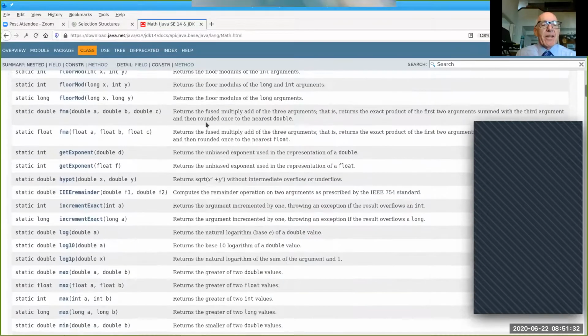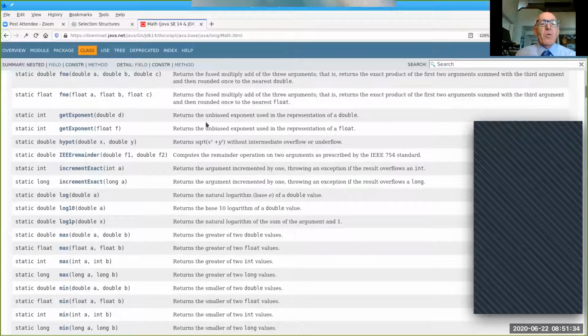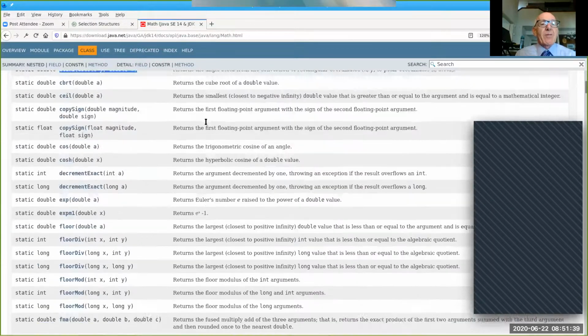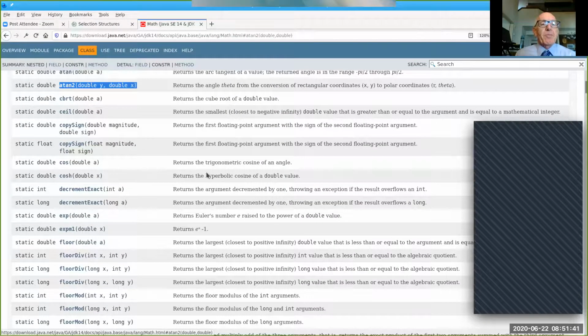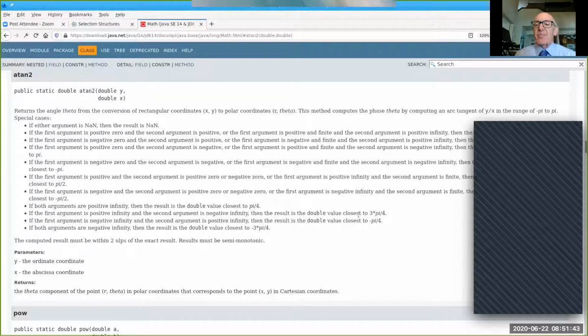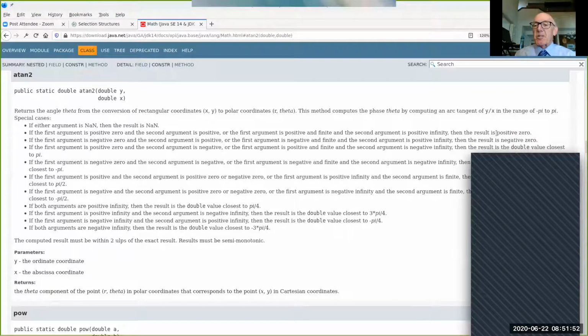But this gives you everything. Again, this tells you more about the Math class than you would ever want to know. Now, if I want a more complete explanation, this tells me literally everything. It says, okay, what happens if the first argument is positive 0 and the second argument is positive? Then the result is positive 0, negative 0, and there's a whole bunch of stuff.